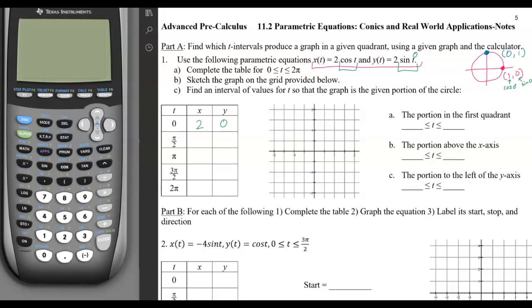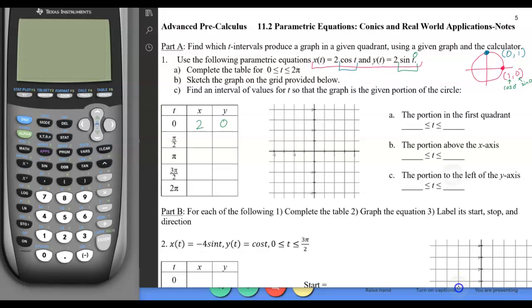So we're asking ourselves, what is the cosine value at pi over 2? Zero. So 0 times 2 gives us 0. What is the sine value of pi over 2? 1. So we multiply 2 times 1 and we get 2.